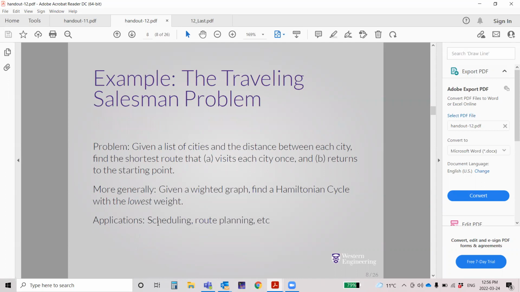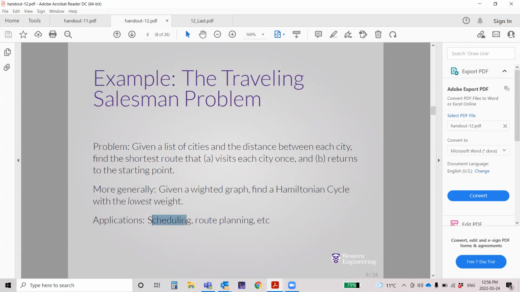For example, the traveling salesman problem. Given a list of cities and the distance between each city, find the shortest route that A, visits each city once, and B, returns to the starting point. More generally, given a weighted graph, find a Hamiltonian cycle with the lowest weight.